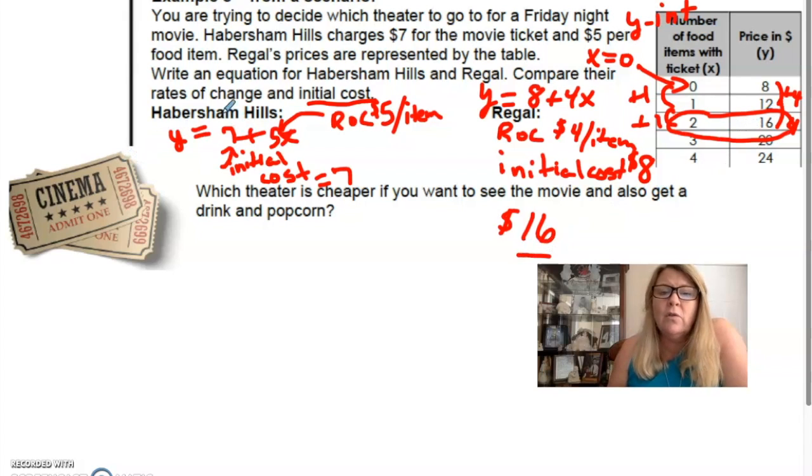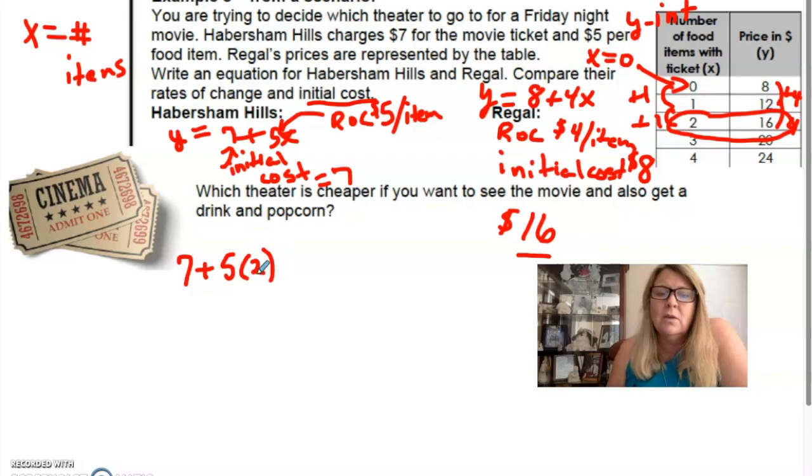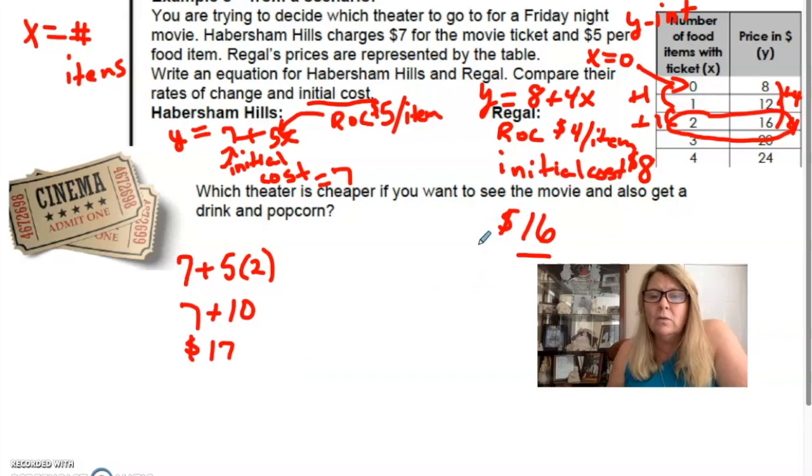For Habersham Hills, we're going to have to calculate that. I'm going to buy 2 food items, and remember x is the number of items that I'm going to buy. So I want to buy 2 items, and they're $5 a piece. So for them, I would have 10 plus 7, which would be $17. So if I want to get a drink and a popcorn, then I should go to Regal's because it's $1 cheaper.